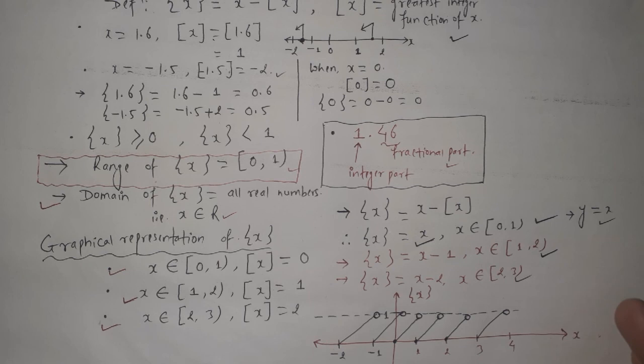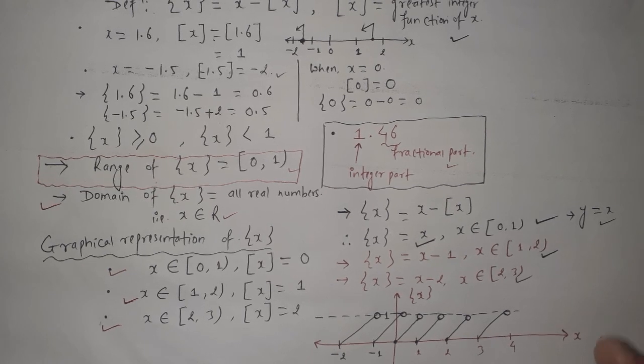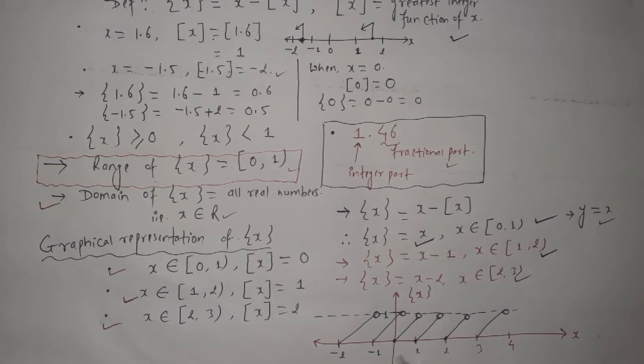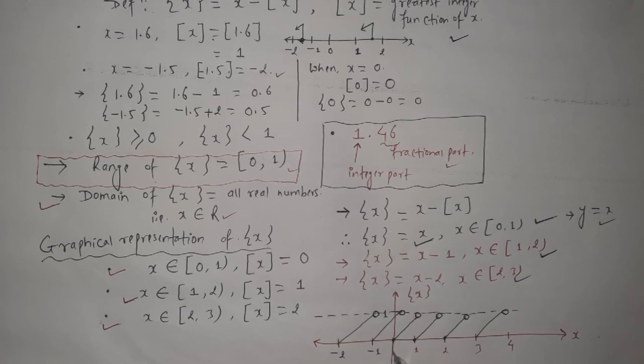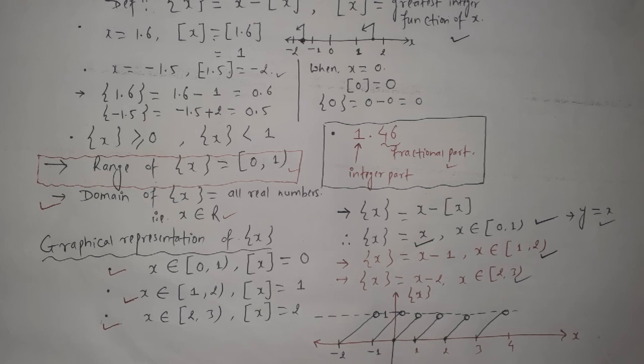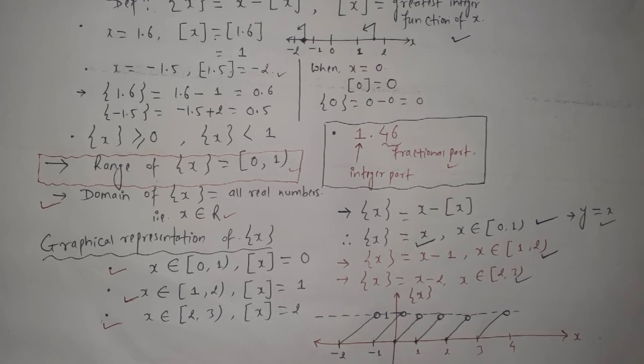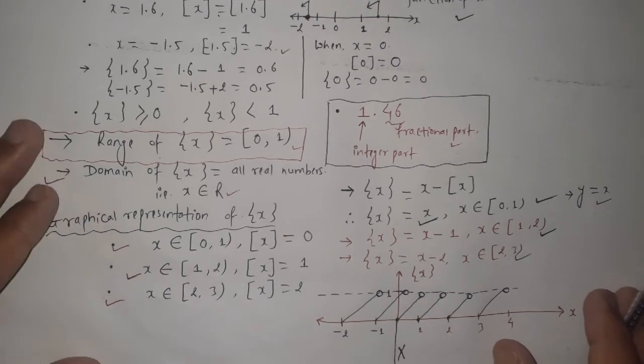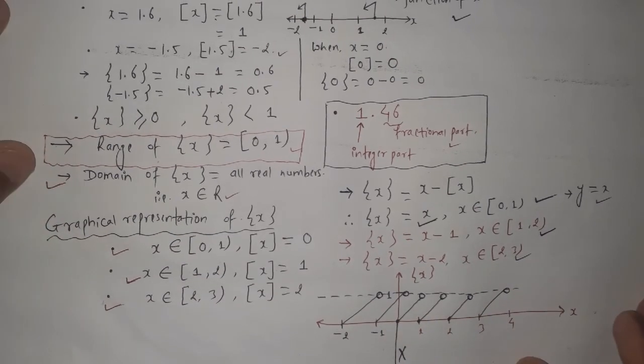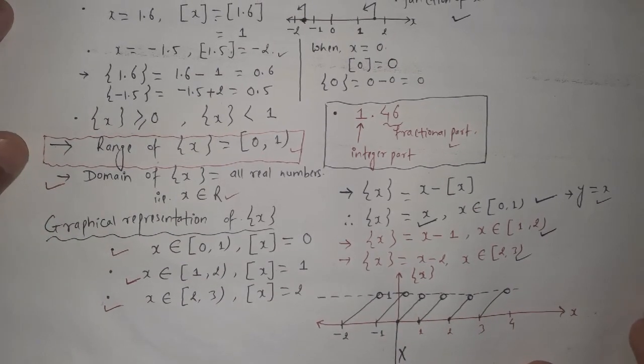The fractional part function has no negative output. So in the negative sections, there is no output. This is the graphical representation of the fractional part functions.